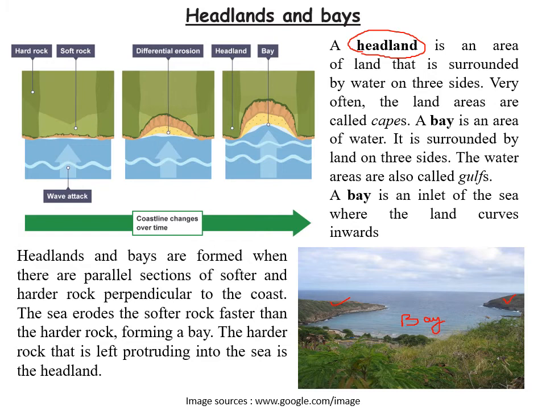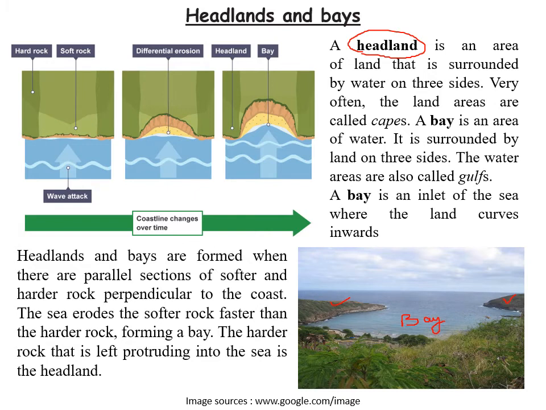Now the question comes, how are these landforms produced? These landforms, that is headlands and bays, are formed mainly due to differential erosion in the coastal areas. Say for example, if in the coastal areas the rock layers occur in a parallel way, perpendicular to the coastline, and occur alternately.